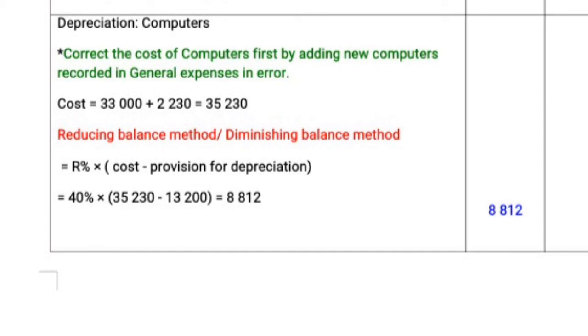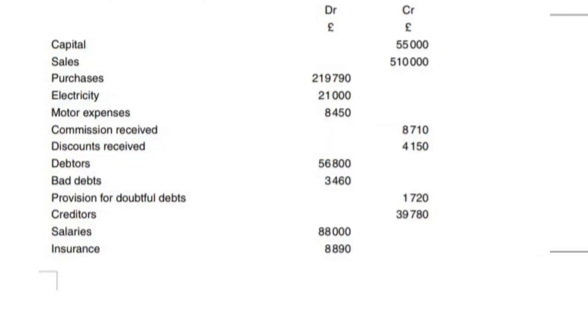So we are through with additional information, but it doesn't mean that we are through with all expenses. After making adjustments to all expenses in the additional information, you have to revisit the trial balance and scan and check whether you have remaining expenses which were not part of additional information. Right. So we have electricity, I'm going to take them in their order, amounting to 21,000.